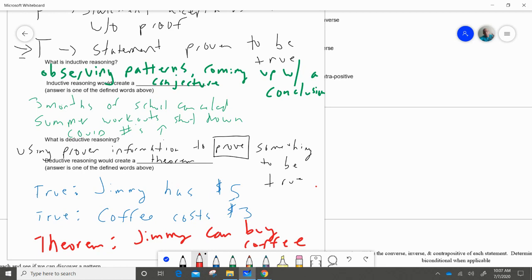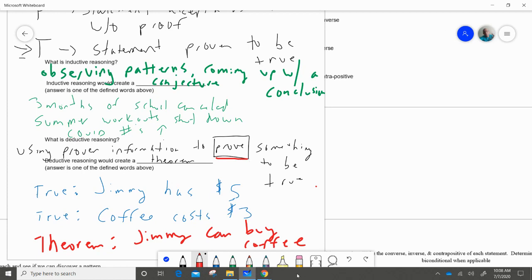Why is that proven to be true? Well, we know it's true that Jimmy has $5, and we know it's true that coffee costs $3. So we can deduce, or we can prove, that Jimmy can buy a cup of coffee, because we have known information to be true, and we can put that information together to find something else to be true.